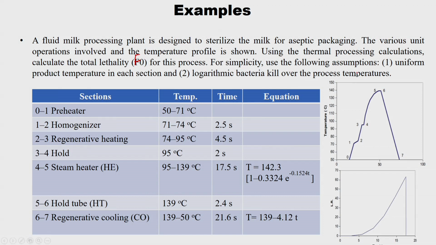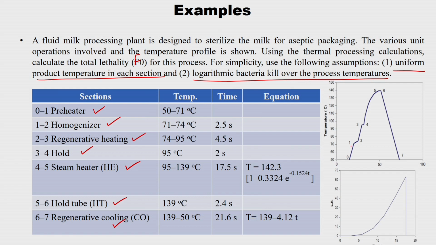For simplicity, use the following assumptions: uniform product temperature in each section, as well as logarithmic bacteria kill over the process temperature. The sections are given: preheater, homogenizer, regenerative heating, holding, steam heater, holding tube, and regenerative cooling.